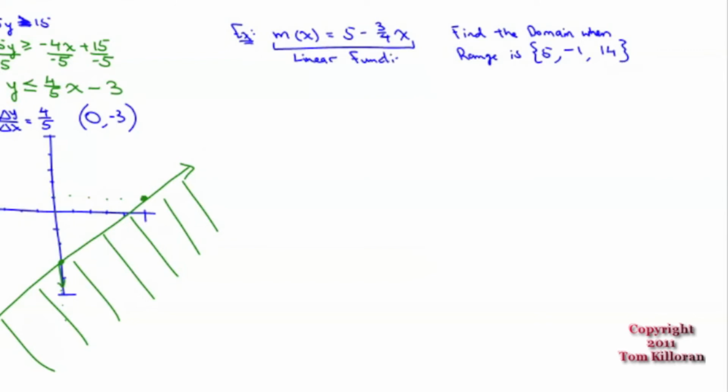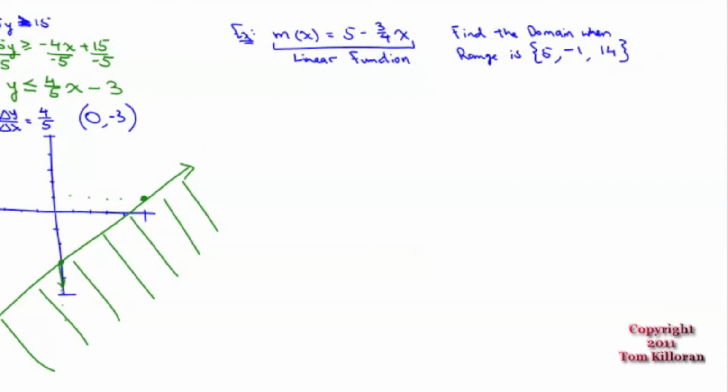What's the slope of this linear function? Negative 3/4. What's the y-intercept? 5. (0, 5). All right, now, when I give you the range and I ask you to find the domain, what should be your first step?